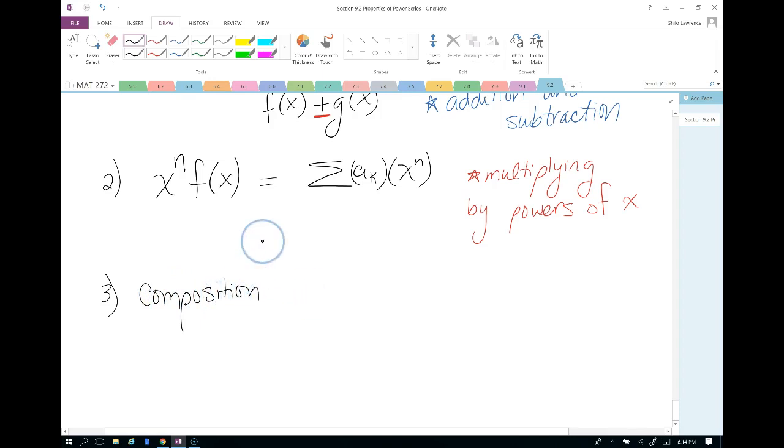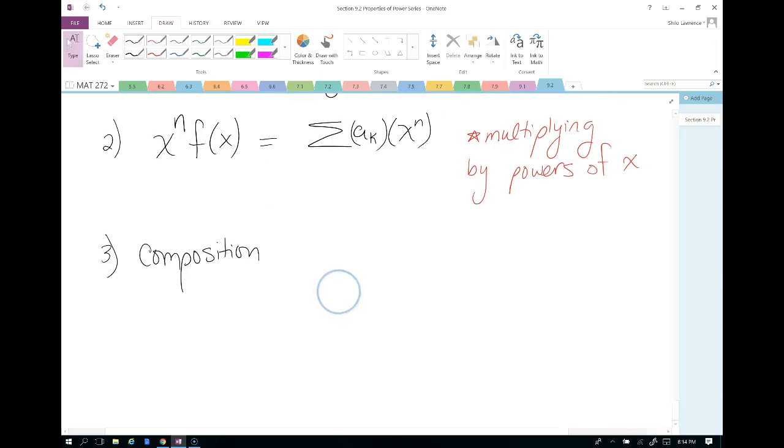So I'm going to write my series a little bit more detailed here. Let's say we've got f of x is equal to the sum of c sub k times x to the k.